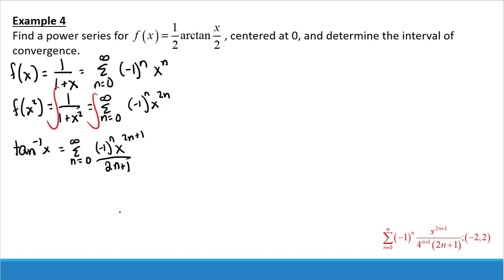Okay, now what I need to do is substitute in now everywhere I see an x, because I need the inverse tangent of x over 2. So I need to make this x over 2.